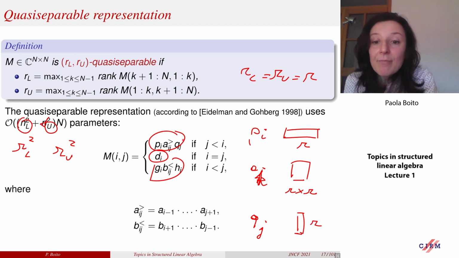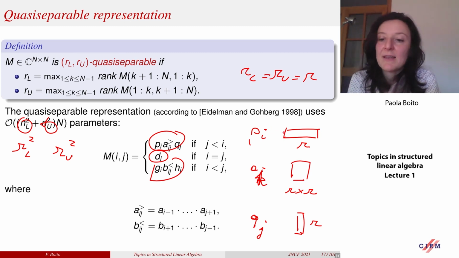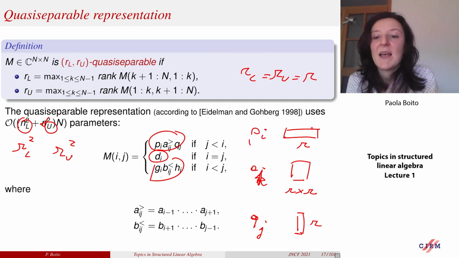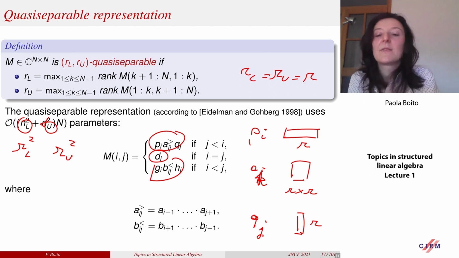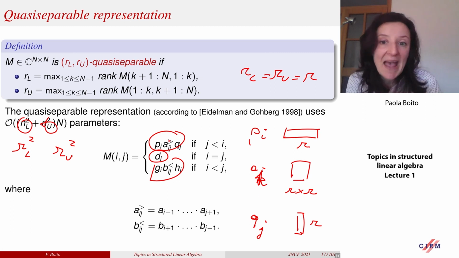And each entry is represented as a product of one row vector times a certain number of matrices times a column vector. So we have a set of row vectors, matrices, and column vectors for the upper triangular part, and another set for the lower triangular part. There are n, or n minus 1 of each. So in total, we have O of n objects, and therefore O of n parameters.